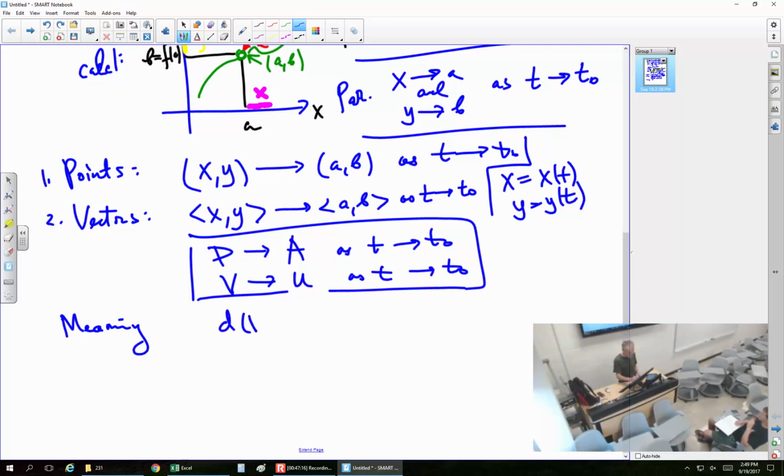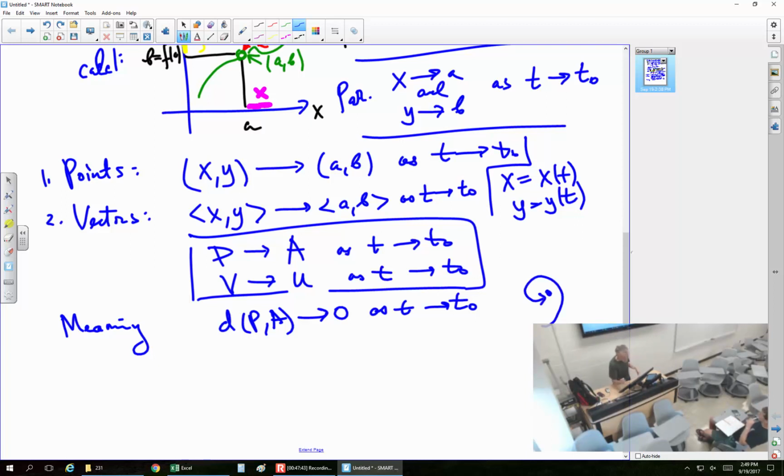So d(P, A) is going to 0 as t goes to t naught. A is fixed, and naturally P depends on time. You're moving through space, whatever the dimension is. You measure the distance, or compute it through coordinates or otherwise, and that distance has to go to 0.